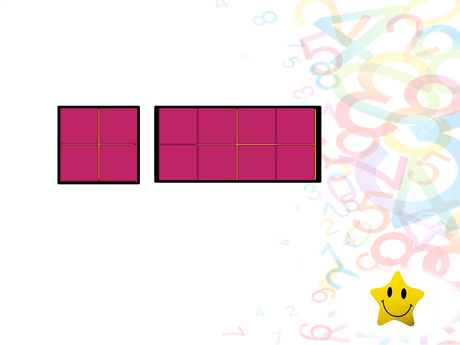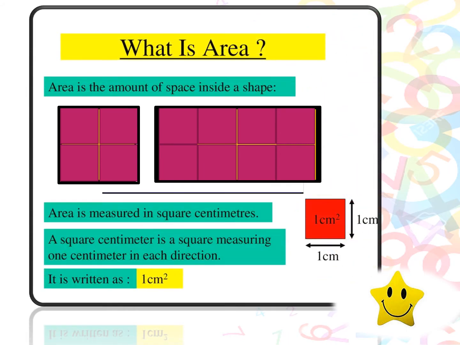Now, moving on to our second definition, which is area. What is area? Area is the amount of space inside a shape. First thing to learn is that area is measured in square centimeters.